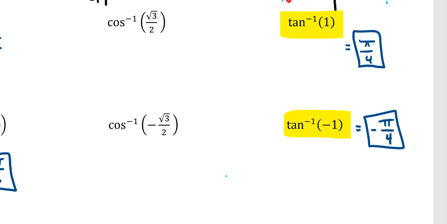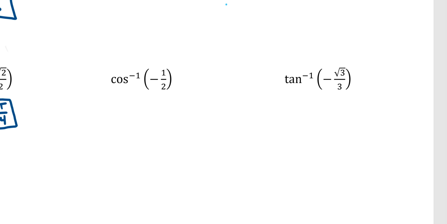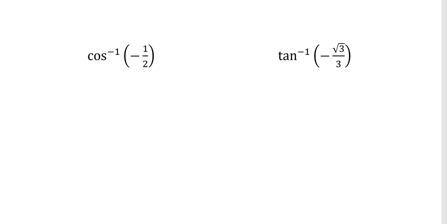So let's look at one more with tan inverse without any clues: tan inverse of negative radical 3 over 3. As soon as you see this negative, we ignore the negative for sine or tangent inverse. We know that tan inverse of radical 3 over 3 is pi over 6.